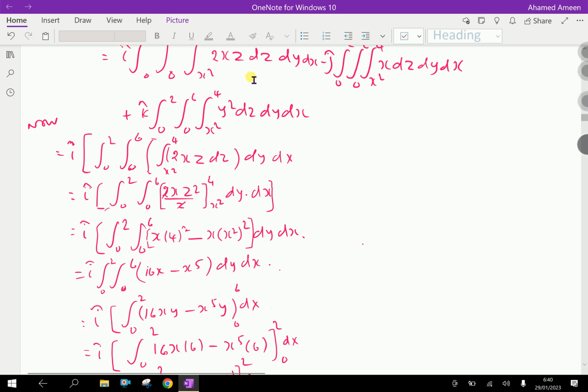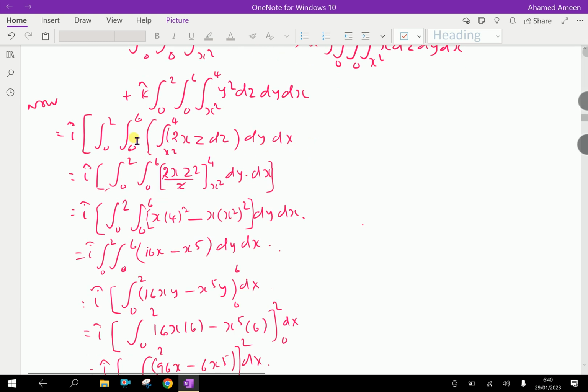First we will do this part, then dy and dx. Integrating 2xz dz with respect to z, the other things are treated as constants, here z is the variable, therefore 2x z squared over 2, with limits x squared to 4, dy dx.